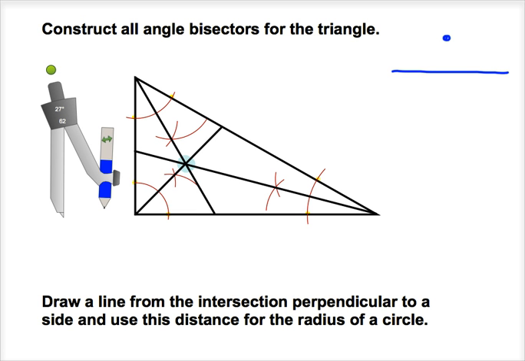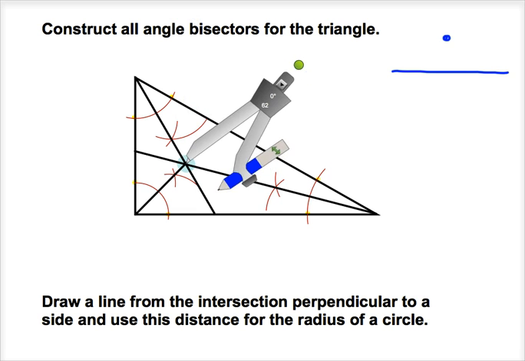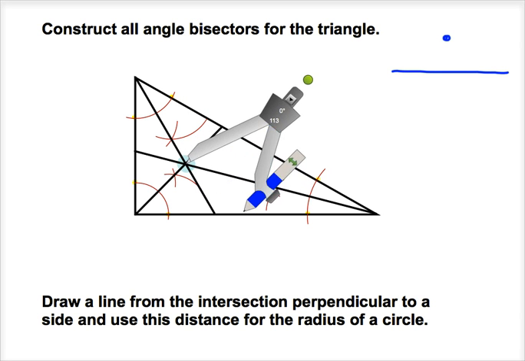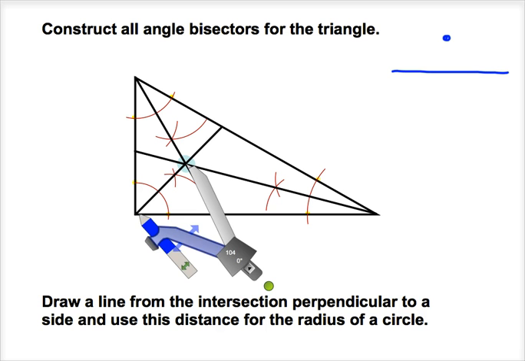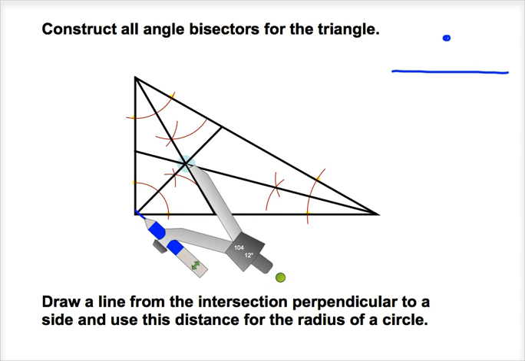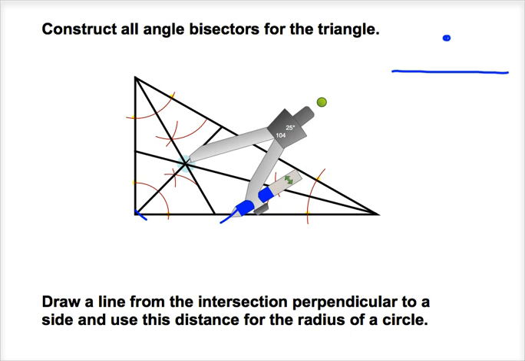So doing that inside the triangle, the first thing I'm going to do is put the point of my compass at this center of the triangle. And what I need to do from there is mark off so that I can hit two places on the bottom of the triangle. So there's going to be one mark over here down and to the left, and another mark over here down and to the right.